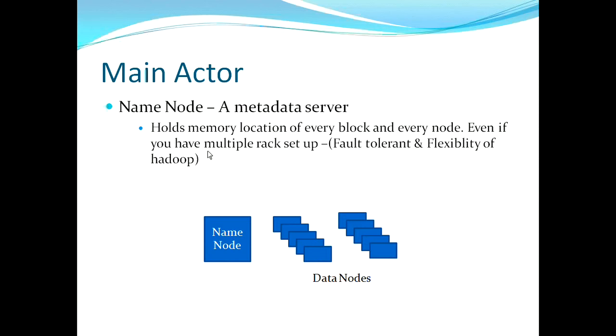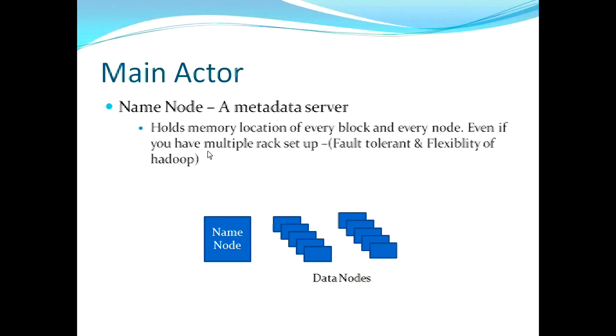So what is the main actor in Hadoop? The name node, which is a metadata server that holds in memory what data is there in what nodes, in what blocks, and how to distribute them into the data nodes.